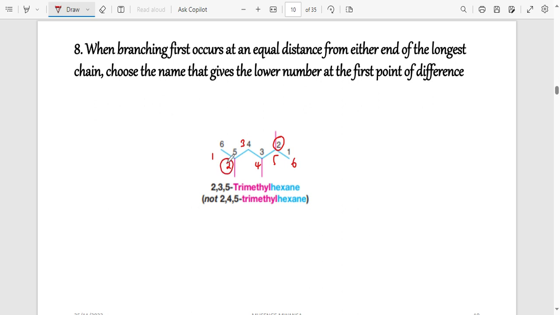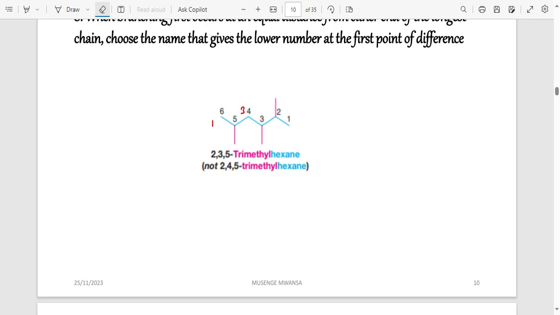Now you need to look at the next group. If I started counting from this direction, the next group is at position number 4. If I started counting from this direction, the next group is at position number 3. So count from the direction that will give the next group a smaller number. So that becomes 2, 3, 5 trimethyl hexane.